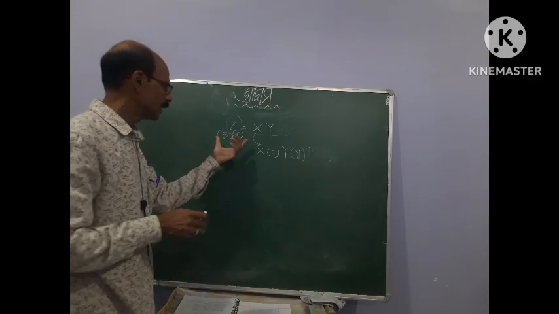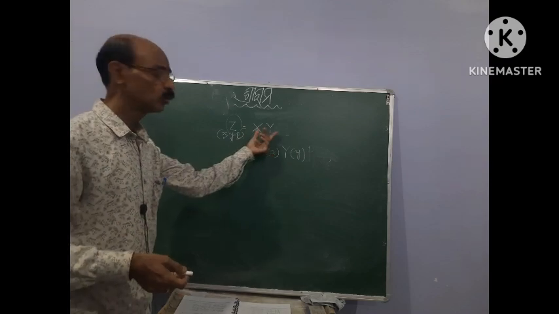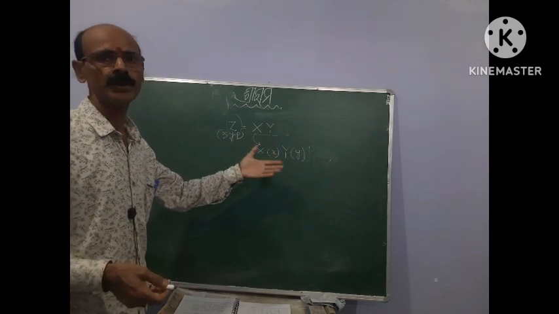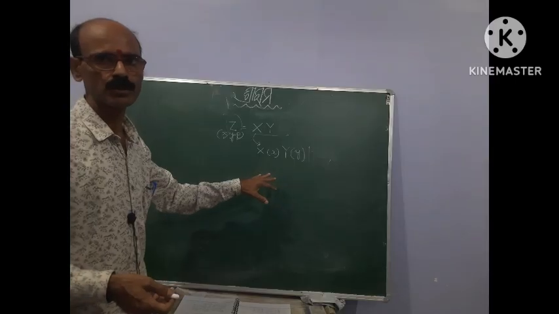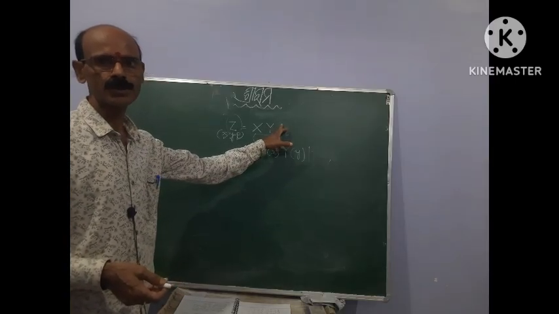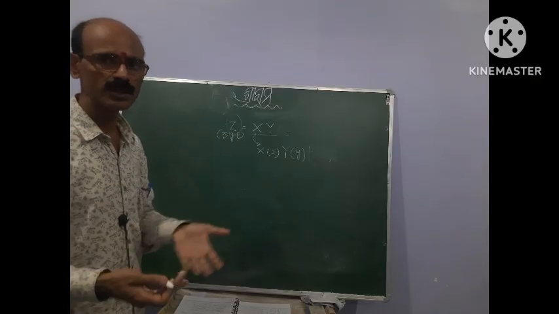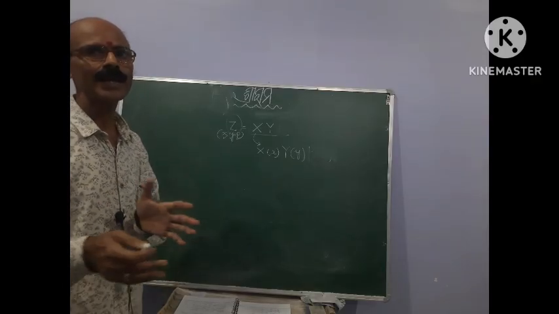Then we will develop two different differential equations. If there are three functions, a product of three functions, we will get three differential equations, and solving those differential equations we will get the solution.